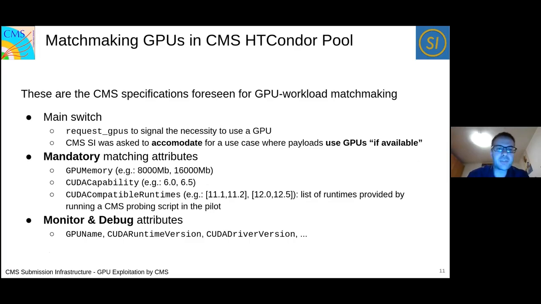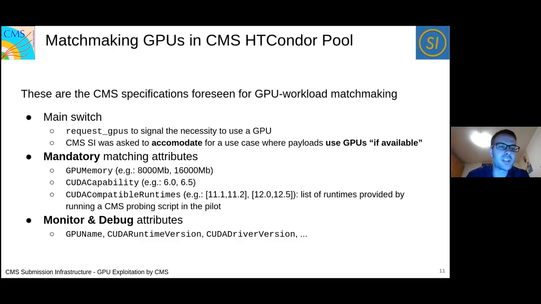Once you have the resources, the next thing to do is the matchmaking, and we have worked with our colleagues in the physics and the workload management development to define a set of matchmaking attributes.